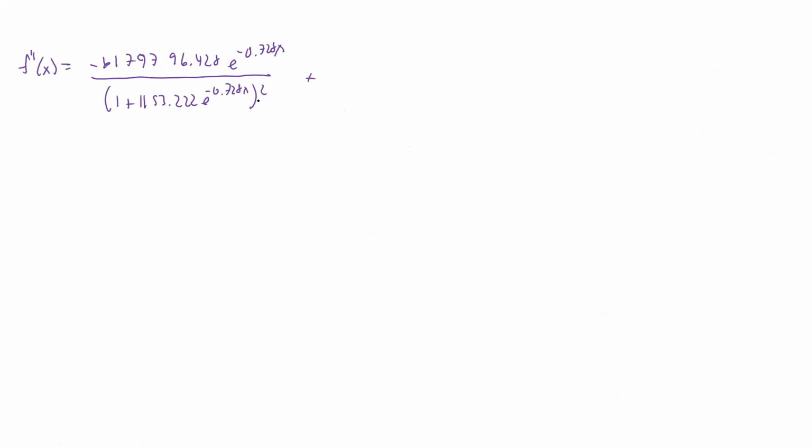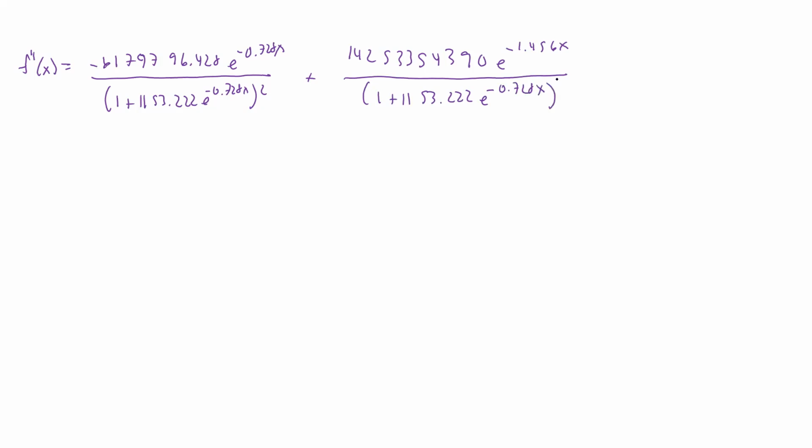That huge number was 1425335439, and we had times 10 to the 10, so 1, 2, 3, 4, 5, 6, 7, 8, 9, 10, and then it was e to the negative 1.456x, all over 1 plus 1153.222 e to the minus 0.728x, cubed. All right, so we get that.